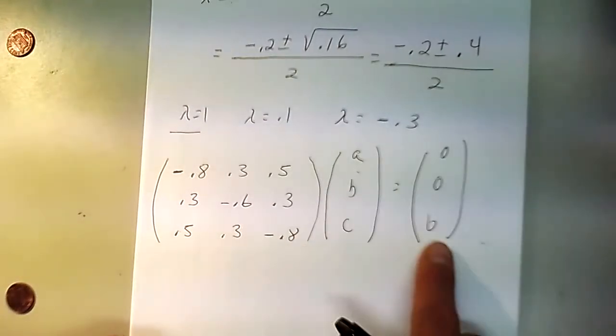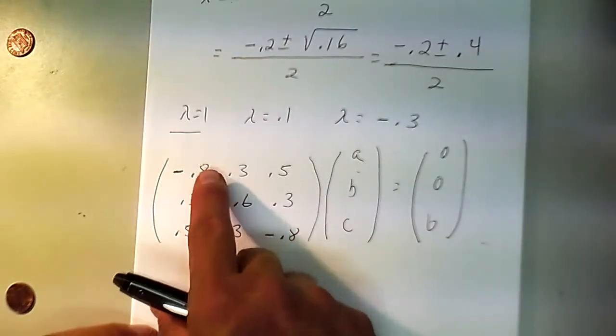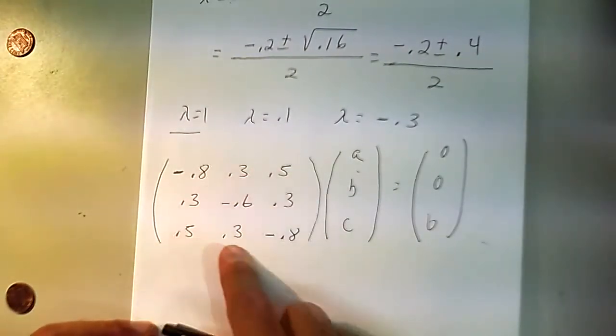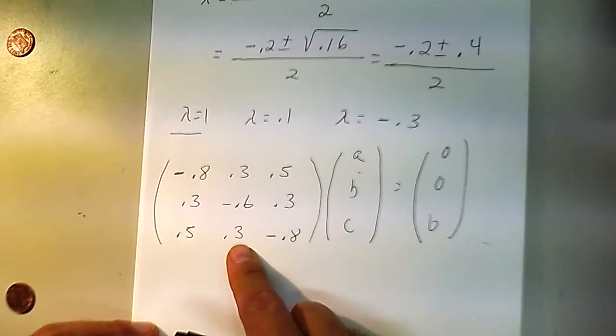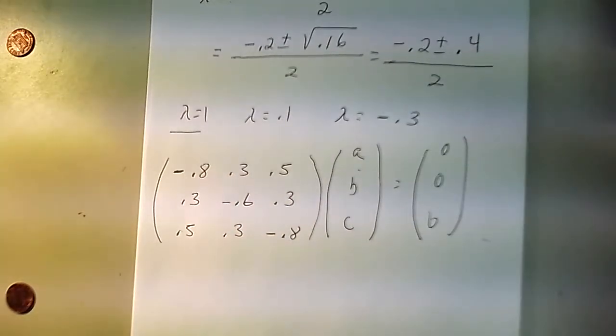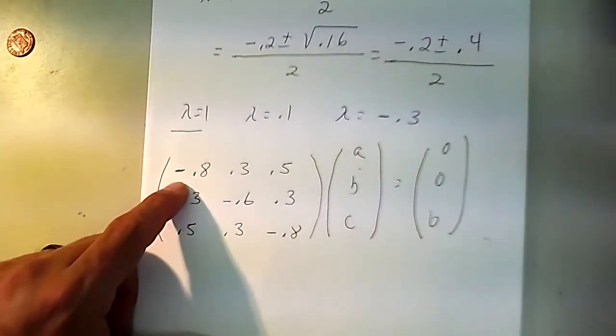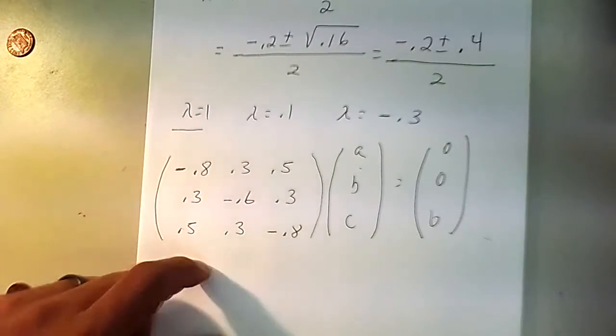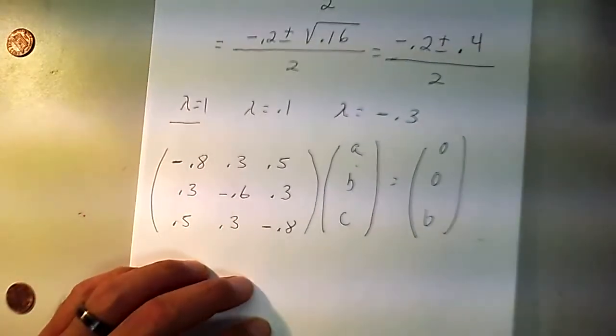So we don't have to worry about this. We can do row operations to convert this into row reduced echelon form.